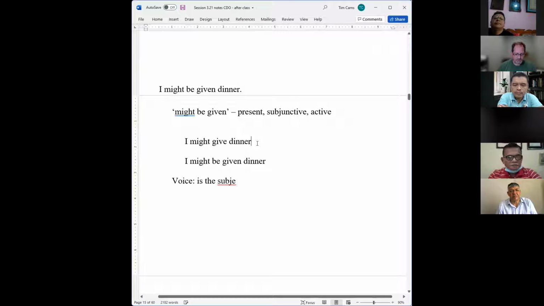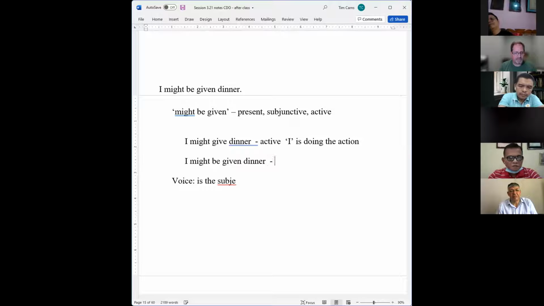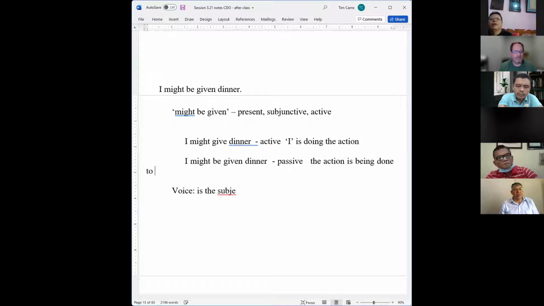Yeah, the first one is active because the subject, I, is doing the action. But in the second one, I might be given dinner, that's passive, because the action is being done to the subject.